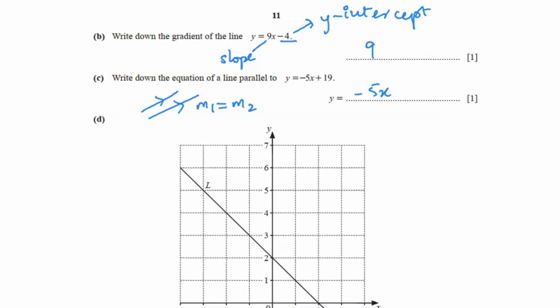Or you don't even need to add or subtract anything, since y equals -5x also works. So remember, for parallel lines, as long as your slope is the same, your equation will be correct. It does not matter what you're adding or subtracting for the y-intercept, but what matters is the slope is the same as the equation that we're comparing it with, or the equation that is parallel to it.